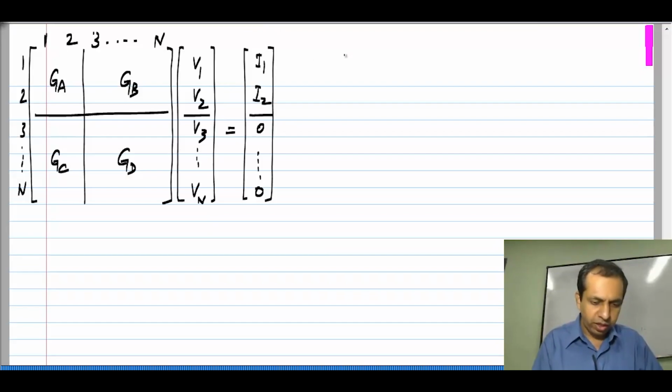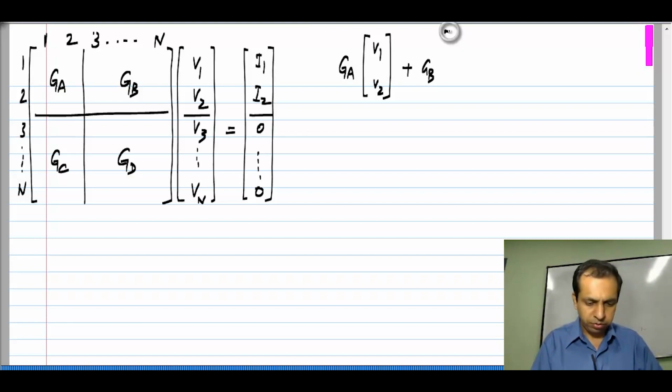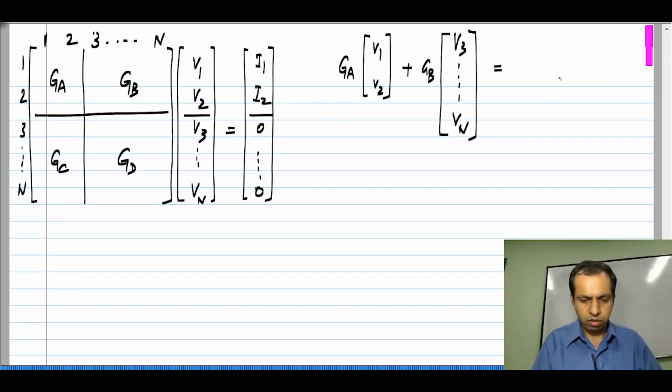First, I will write G A times V 1 V 2 plus G B times V 3 all the way down to V n will be equal to I 1 I 2.